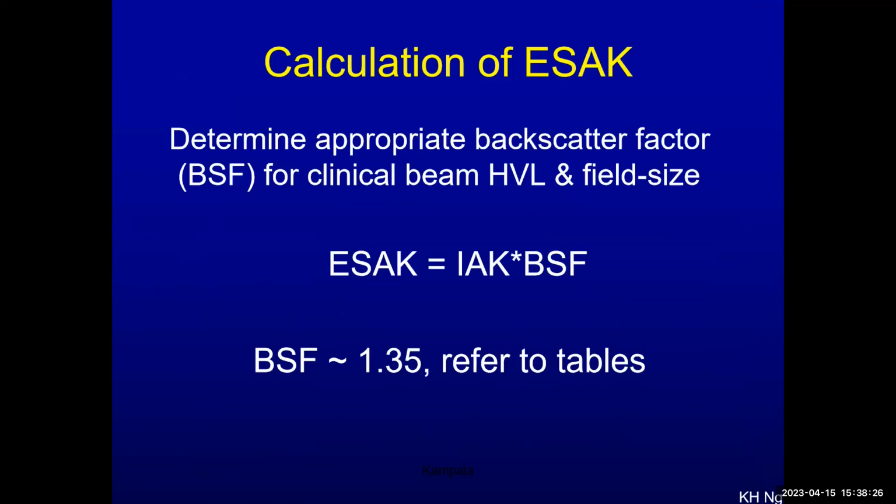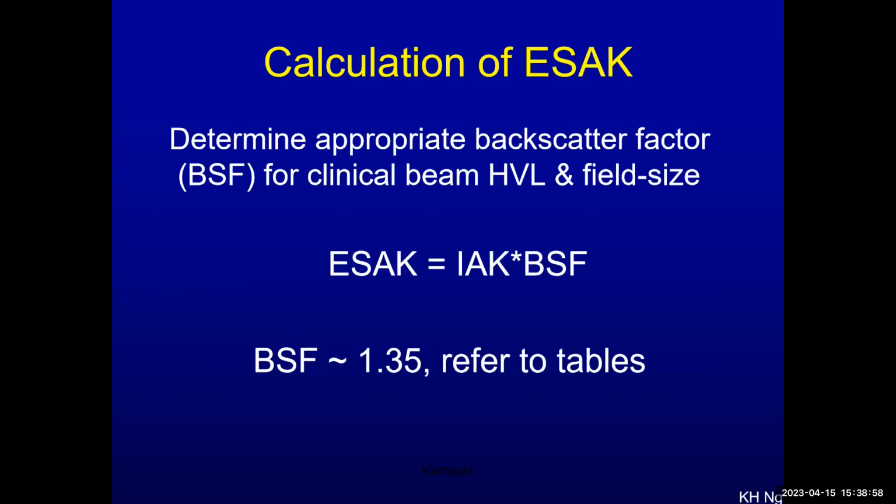Earlier we talked about this one, where we measure incident air kerma. To bring it to a realistic situation, you need the backscatter factor built in. So there are tables for those, for different field sizes, for different kV, for chest, abdomen. The backscatter factor is about 1.35, somewhere around there. Okay?